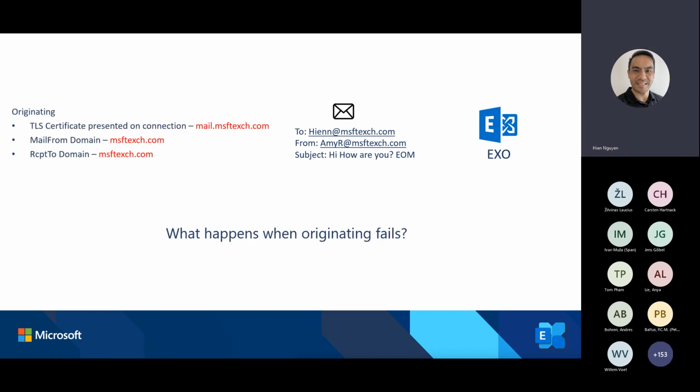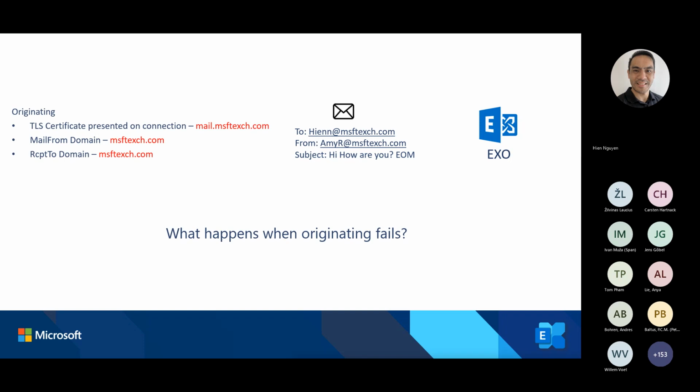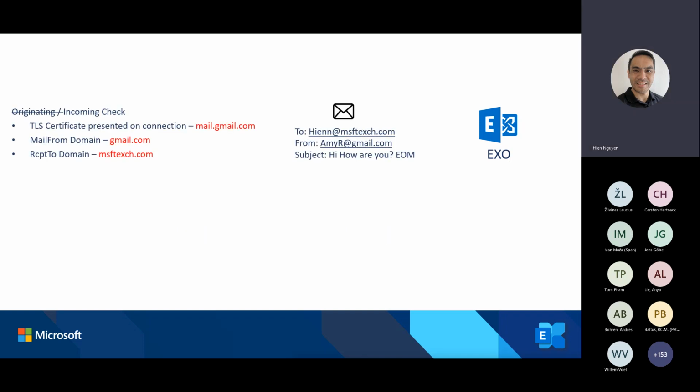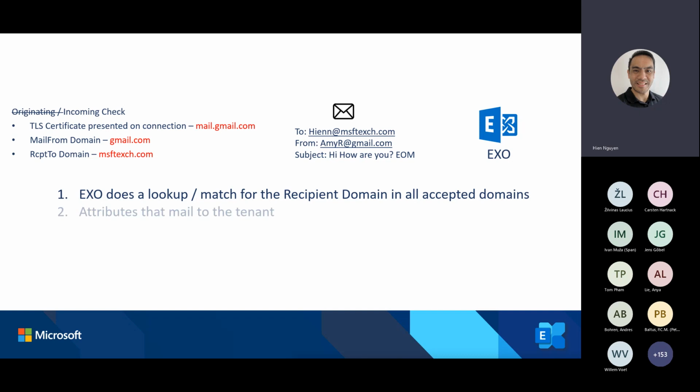But what happens if we fail originating? We now look at it as incoming mail, so from the internet or from an external source. In this example, we have Amy sending from her Gmail address. So EXO does a lookup and match for the recipient domain in all accepted domains, the recipient domain being msftexchange.com. We attribute that mail to the tenant.